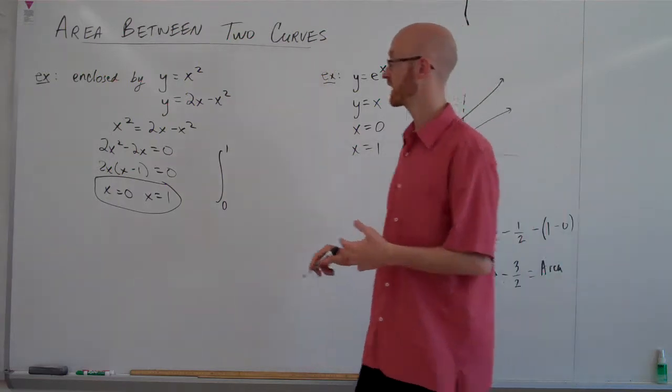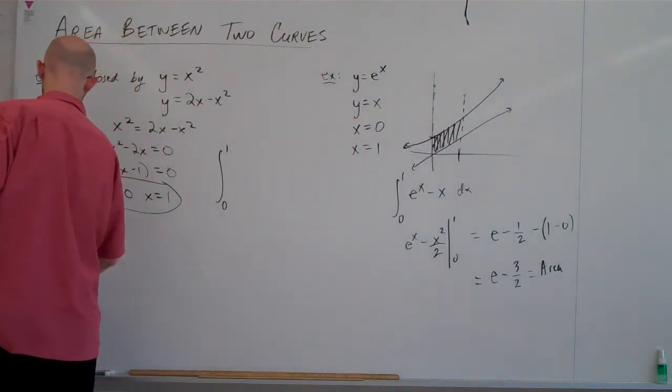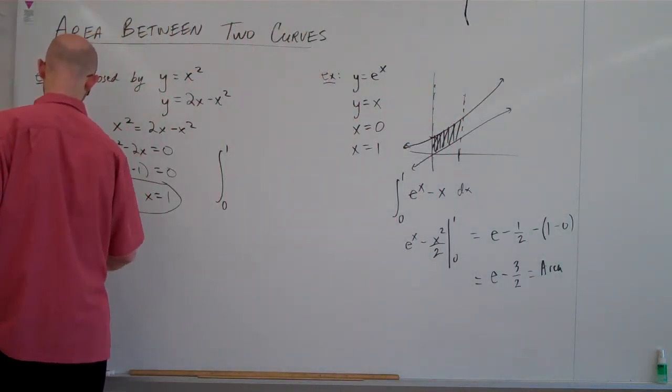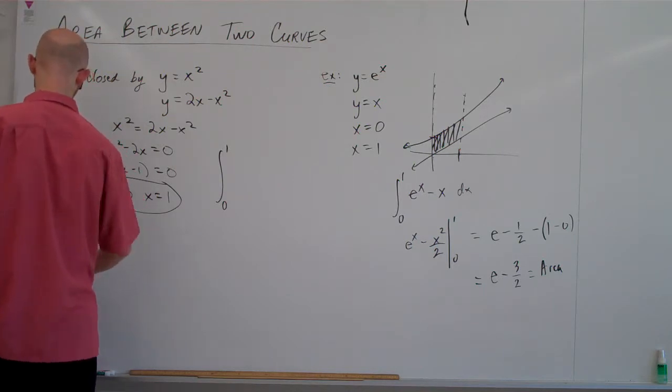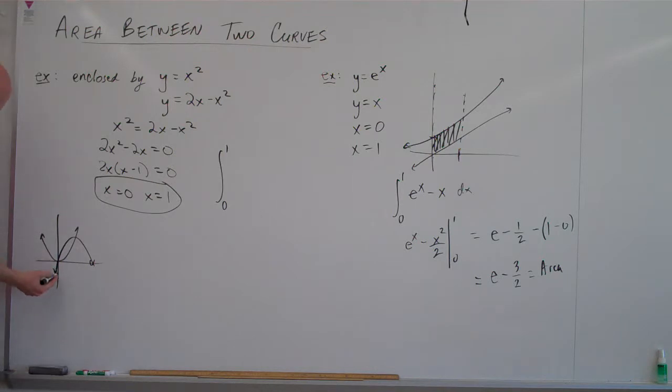Now if you look at them graphically, this is a very rough sketch, but they kind of look like that. The one that is a downward facing parabola, concave down, is the 2x minus x squared, and you can see from here to here, 2x minus x squared is on top of the x squared graph.